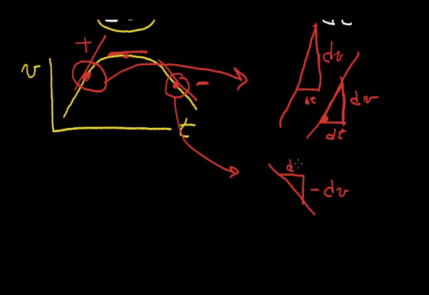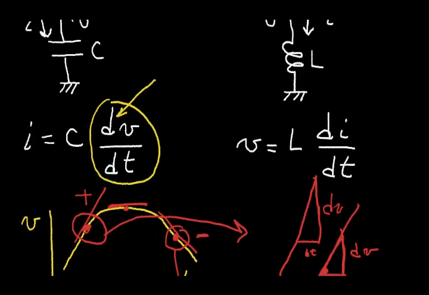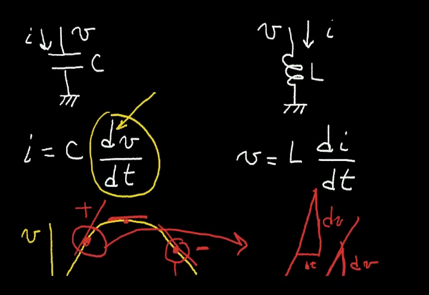My dt is positive, so if I have minus dV divided by dt, I have a negative number or a negative slope. So think of it this way. If you have a positive slope, for example, at this point, that corresponds to current flowing into the plus terminal of the capacitor.